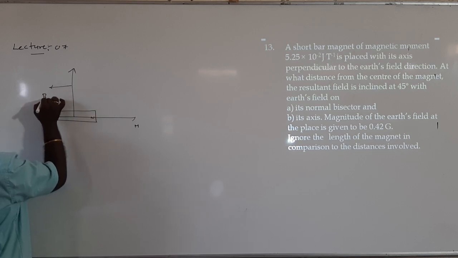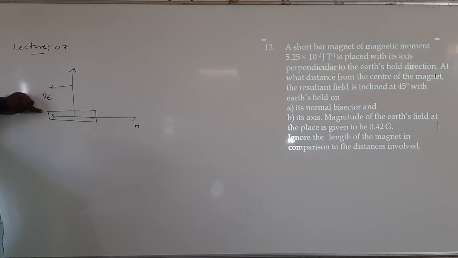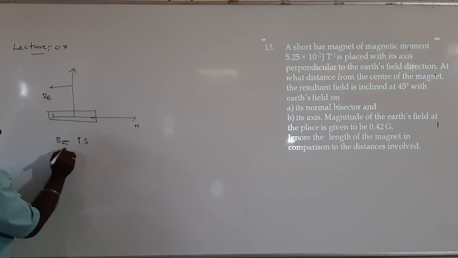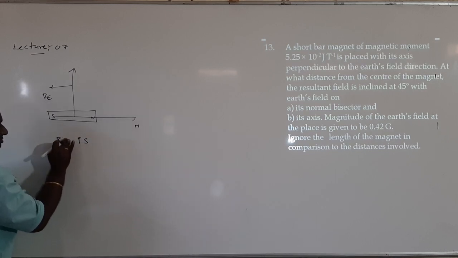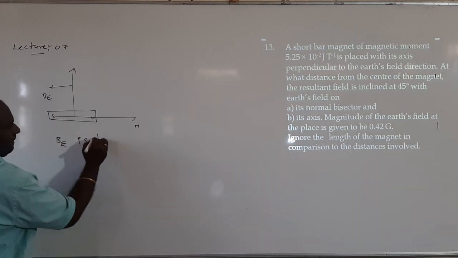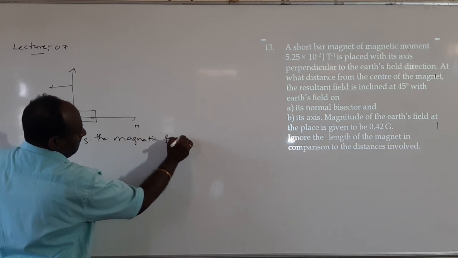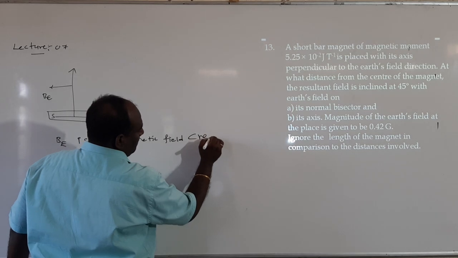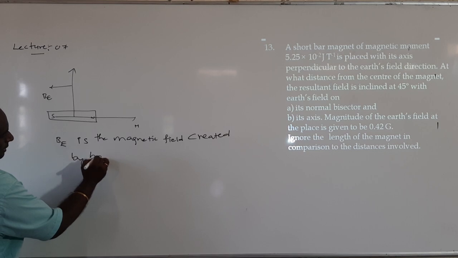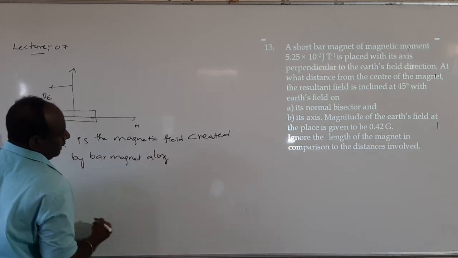I will write BE, the magnetic field created by the bar magnet along the equatorial line.